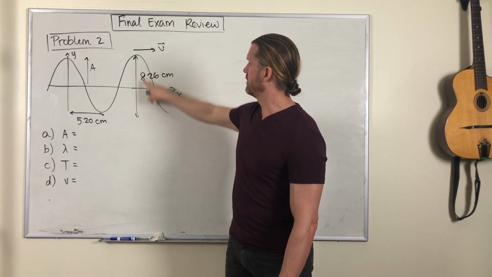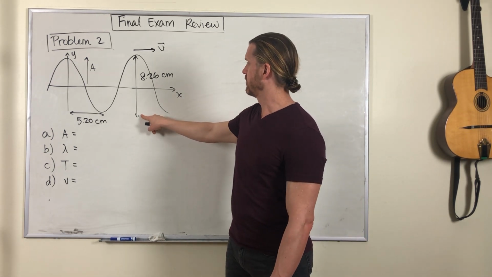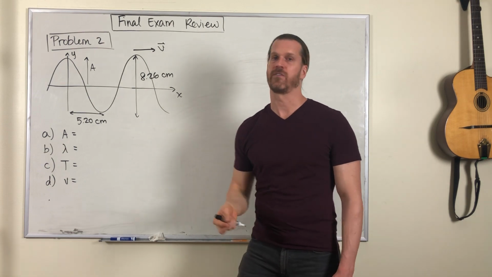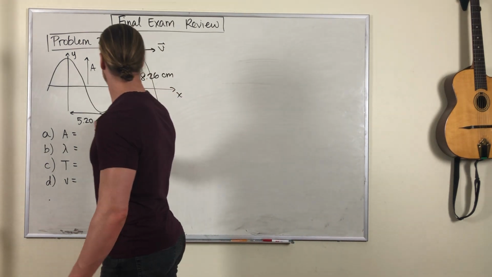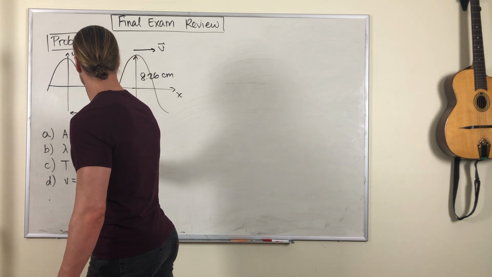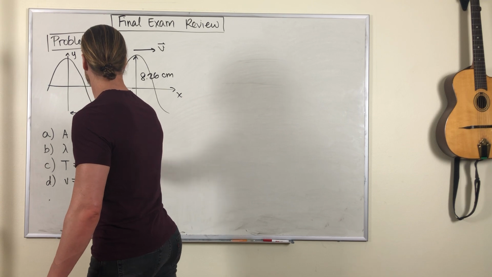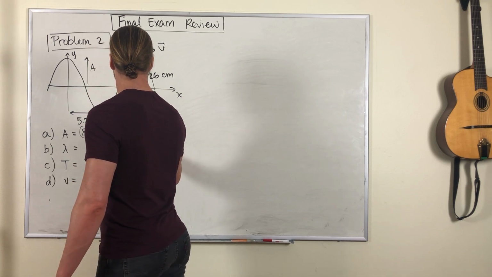So they give us 2 times the amplitude. From the bottom to the top is twice the amplitude. So this amplitude value is going to be half of this number. So 8.26 centimeters over 2, which is 4.13.